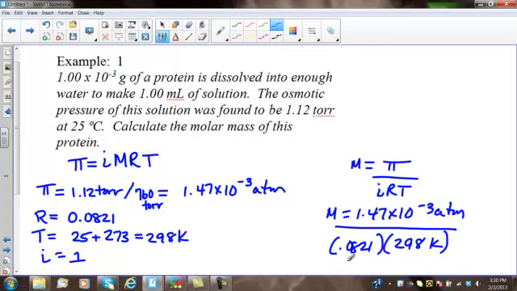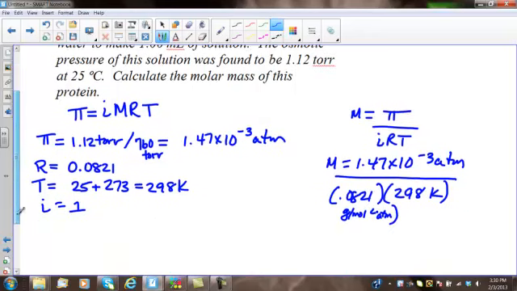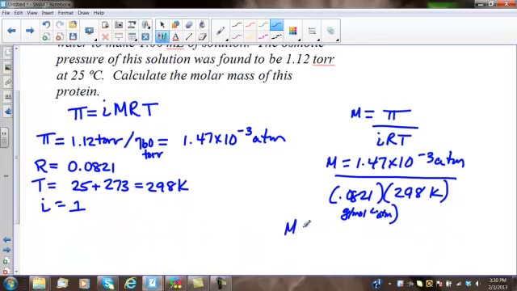And this has got grams per mole, liters atm, or something like that. Everything's going to cancel.